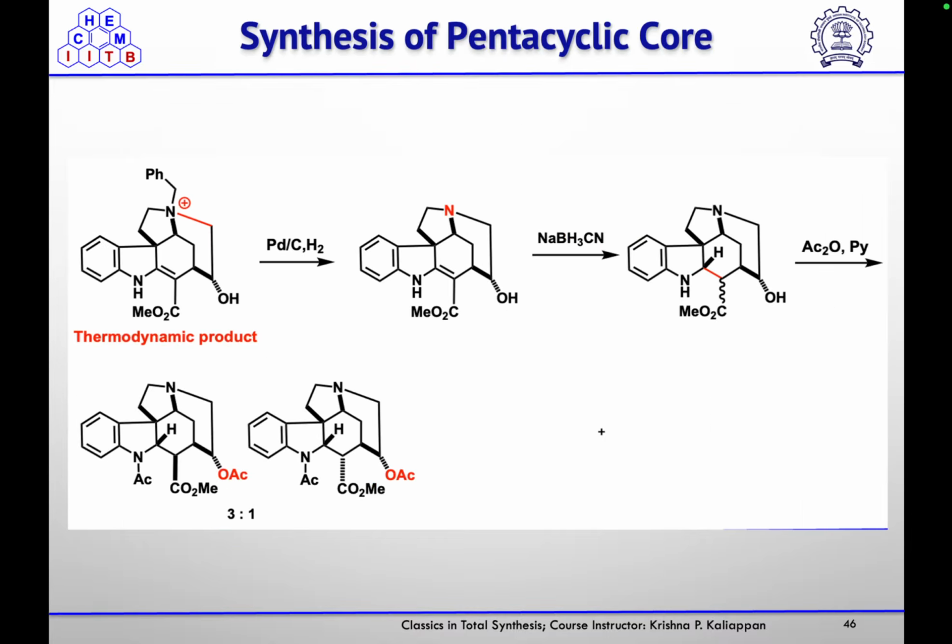So for that thermodynamic product, they removed this benzyl group using hydrogenolysis conditions, and then using sodium cyanoborohydride they reduced that double bond to get the corresponding ester. Then the alcohol was acylated, and they separated the mixture of these two acylates in a 3:1 mixture.